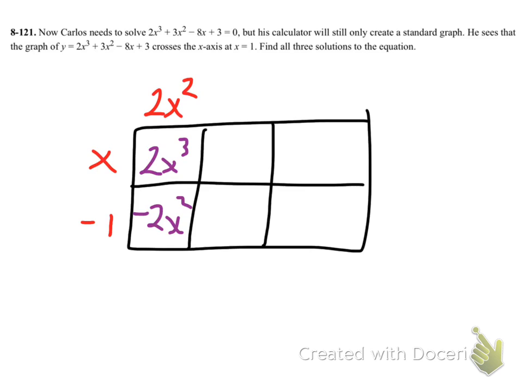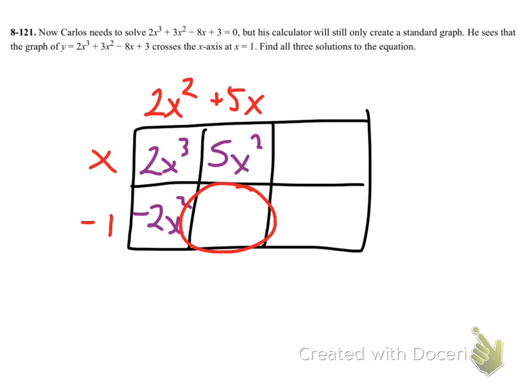So if I already have a negative 2x squared here, I need to figure out what needs to go here in order for that to add up to my 3x squared. So that's going to be a positive 5x squared. Once I have that, I can again figure out x times something gives me my 5x squared, and that's going to be a positive 5x.